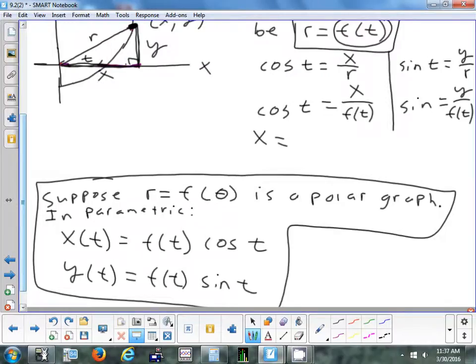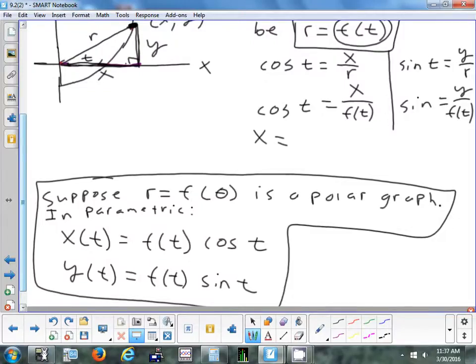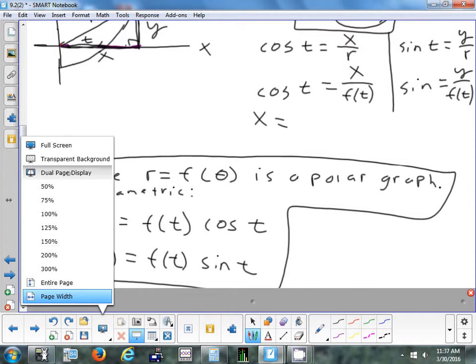That's going to break that hypotenuse into a horizontal and vertical component, if you want to think of it like a vector. And f of t is kind of like the magnitude of your vector. It's the length. So again, this converts from polar to parametric.